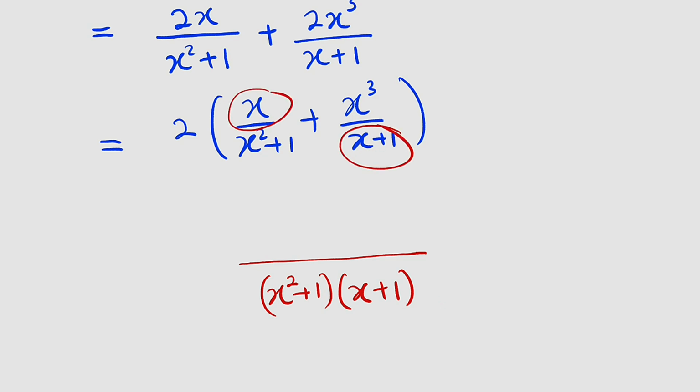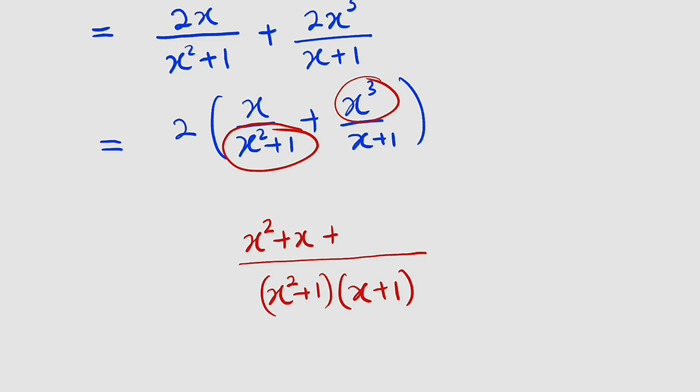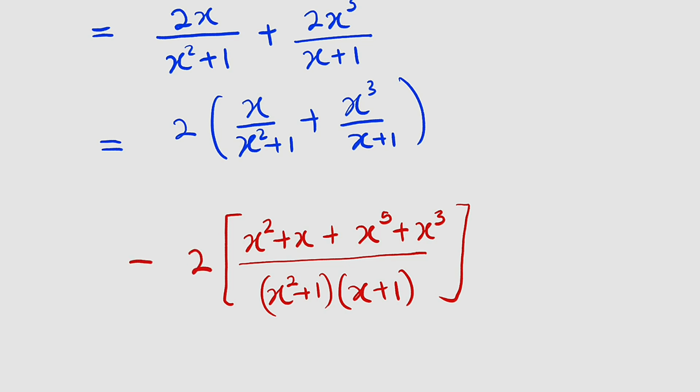This multiplied by this, we have x squared plus x, right? x squared plus x, then plus, then we take this and also multiply by this. x squared times x cubed will give us x to the power of 5. Then 1 times x cubed is x cubed. So we have x to the power of 5 plus x cubed. And remember, we have to multiply the whole of this by 2.